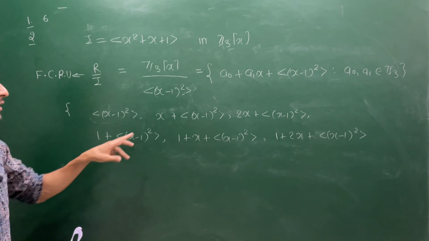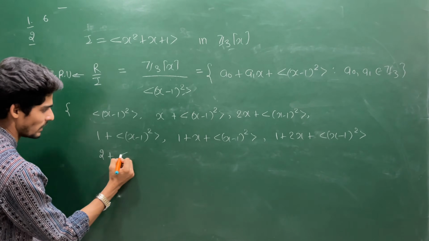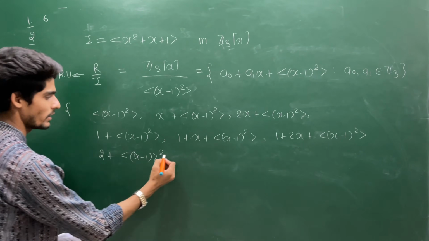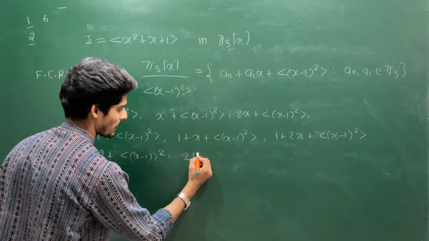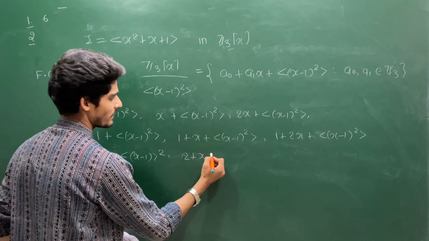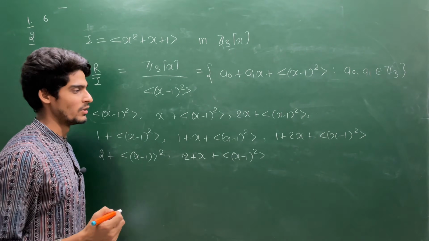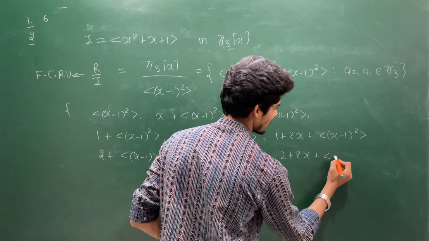Then again I will work with A0 to be 2. Then I will have 2 plus the ideal generated by (x minus 1) whole square. Then I will have 2 plus x plus the ideal generated by (x minus 1) whole square, and I will have 2 plus 2x plus the ideal generated by it.